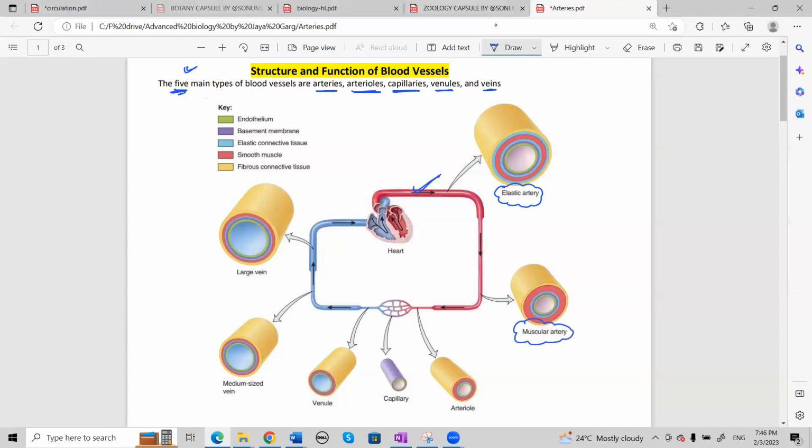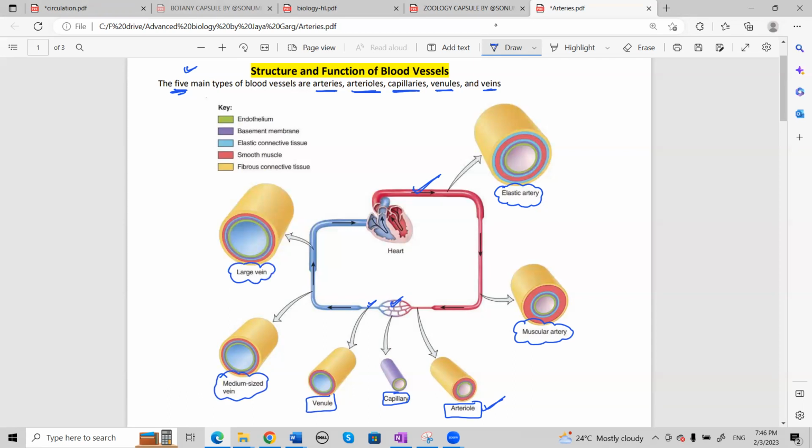Then the artery will divide to form arterioles at the organ level. Once the artery enters the organ, it divides into arterioles, which again divide, as you can see in the diagram, to form capillaries. Capillaries unite to form venules, and venules become the medium-sized vein or finally the large vein.